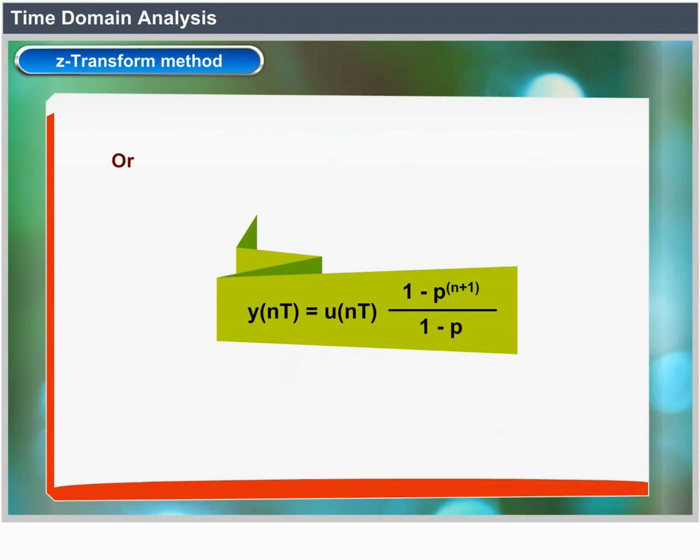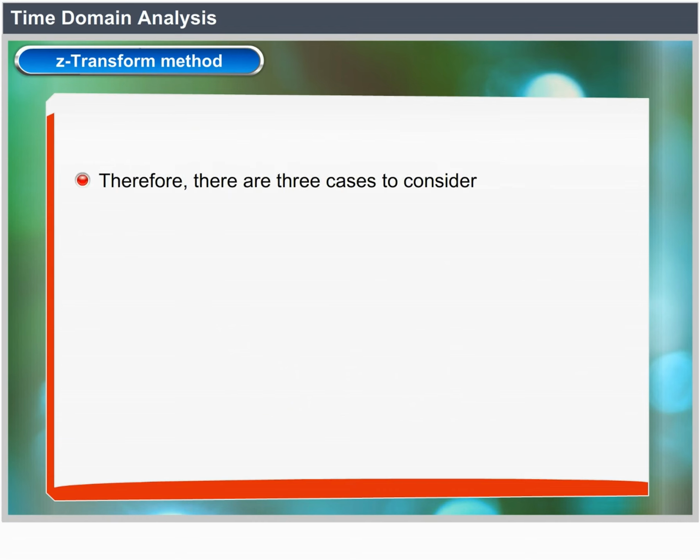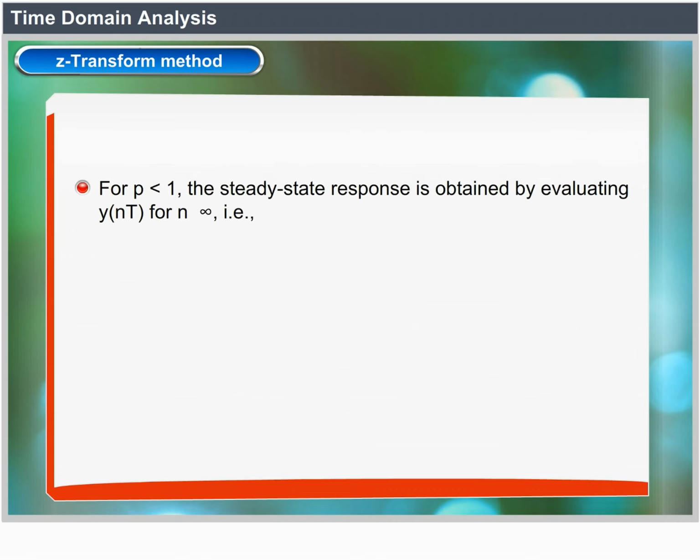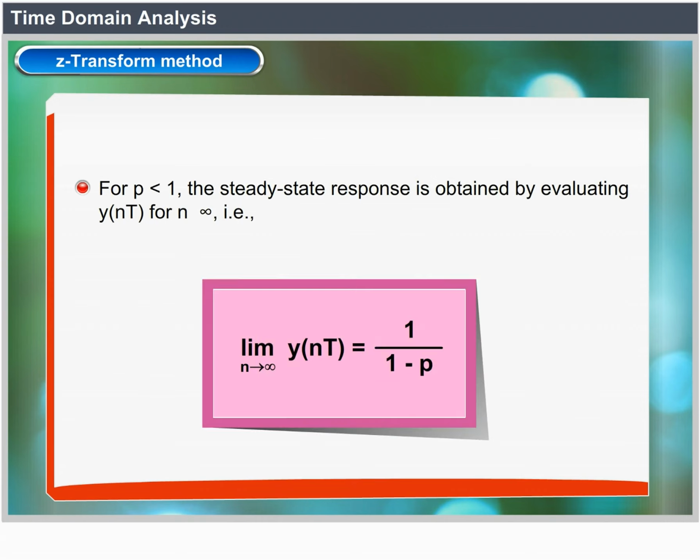Therefore, there are three cases to consider: p < 1, p = 1, p > 1. For p < 1, the steady state response is obtained by evaluating y(nT) as n tends to infinity, that is, the limit of y(nT) as n → ∞ is 1/(1 − p).